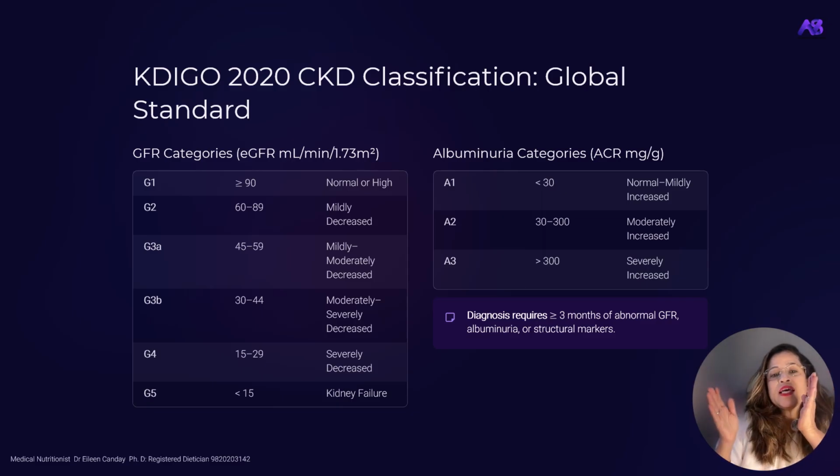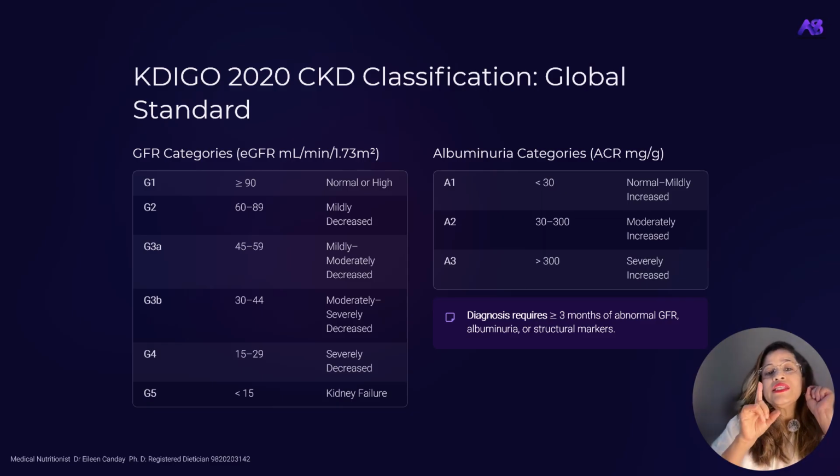On the right hand side, you will find the albuminuria categories. A1 is normal to mild increase, less than 30 mg per gram. A2 is moderately increased, from 30 to 300, which indicates significant proteinuria.